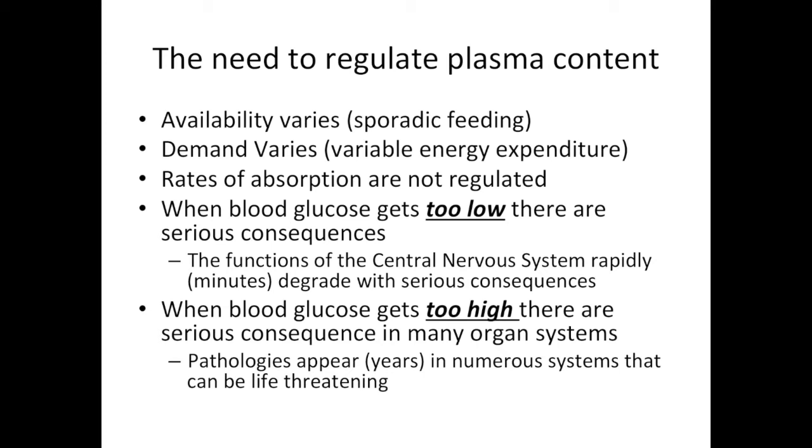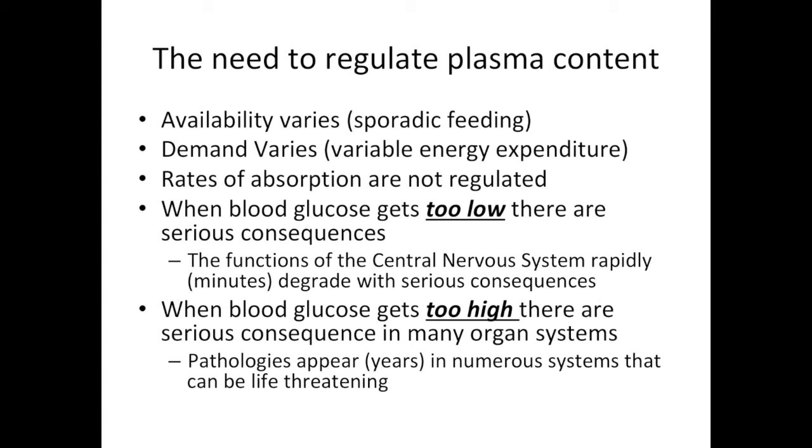But the rate of absorption from the GI tract is not regulated. The body will try and absorb as much as possible, and obviously this is going to increase the substrate concentration in the plasma.